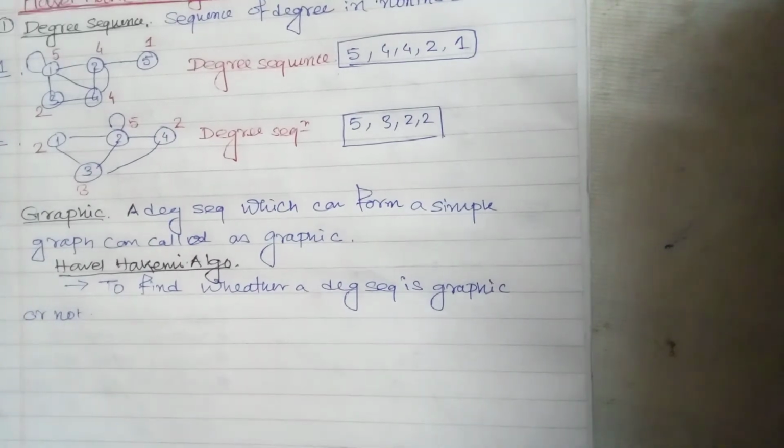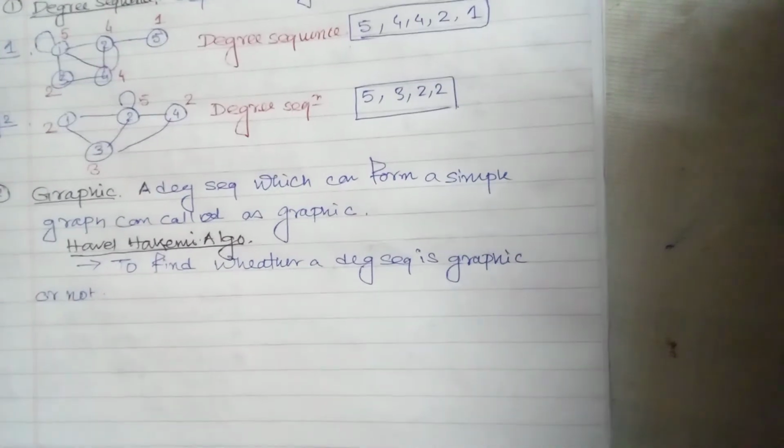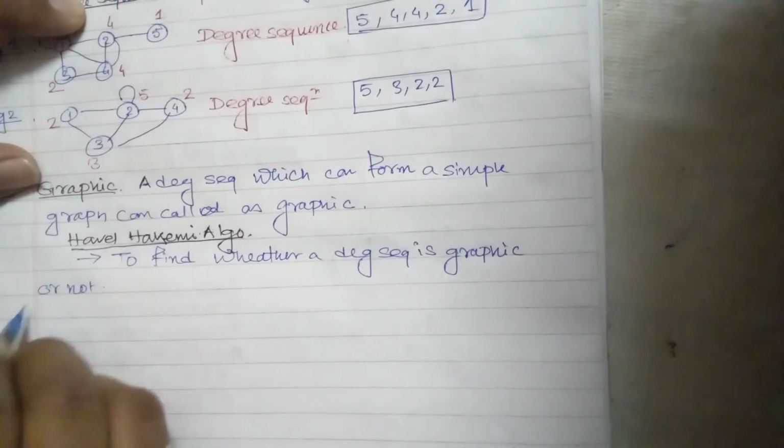It means if we are given a degree sequence, we can predict or detect whether it can produce a simple graph or not. Okay, so there are some steps regarding this algorithm. I will write it one by one. Okay, it has 3 steps.